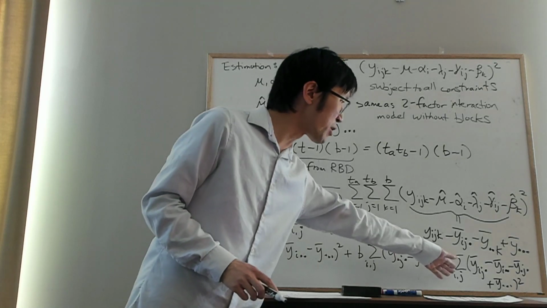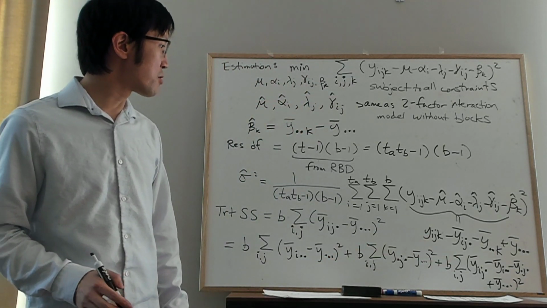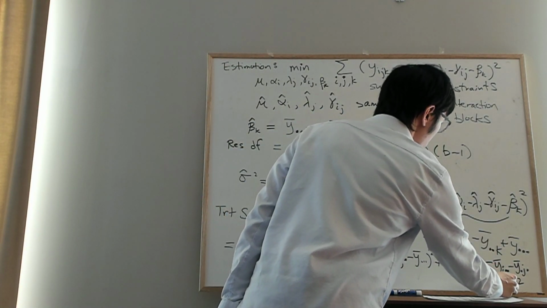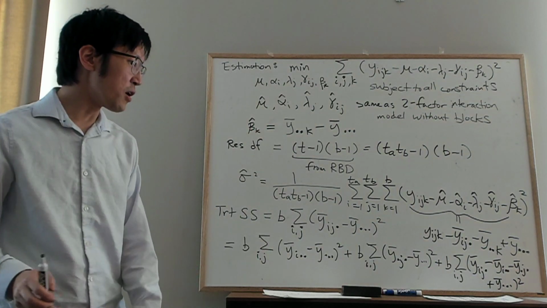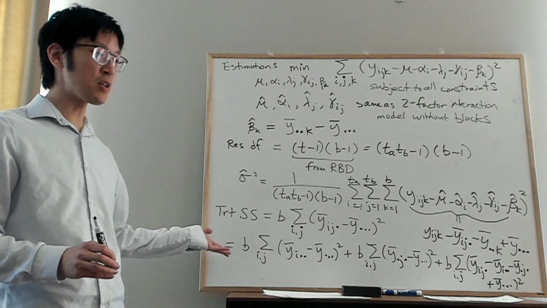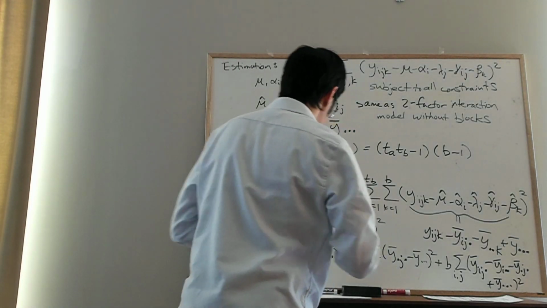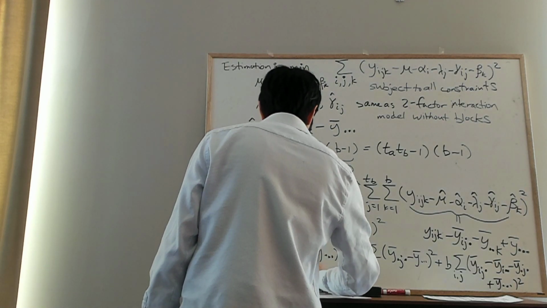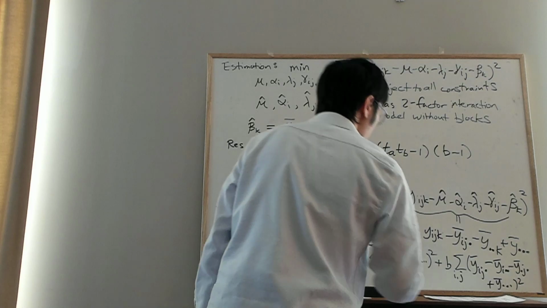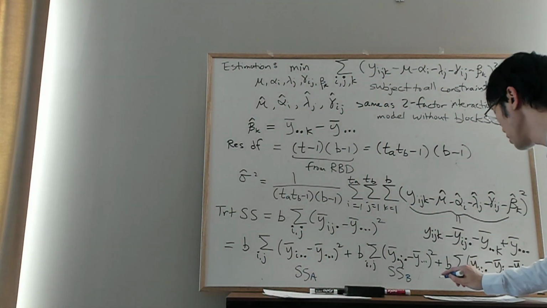It's exactly the same expression as the interaction sum of squares when we had just the two-factor interaction model. The only change is instead of R replicates, I have B blocks. Otherwise, it is exactly the same formula. So just to make it clear, let's label this. This is the sum of squares for A. This is the sum of squares for B, and then that last term, which is squeezed over there, is the sum of squares interaction.